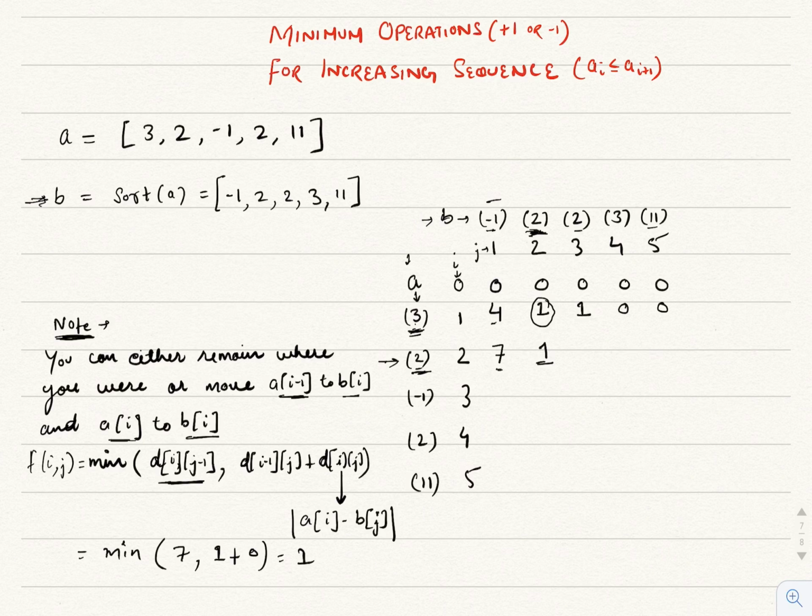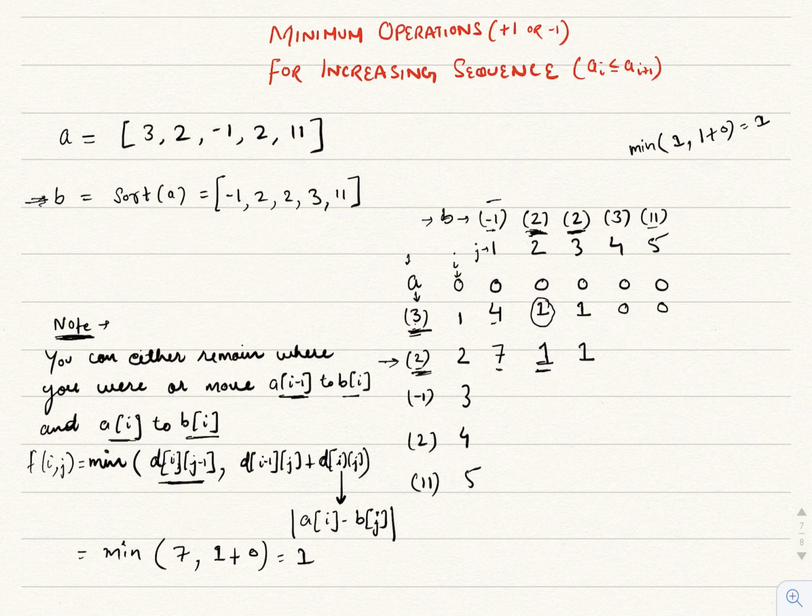Again we're going to follow the same thing for the rest of the elements. So we either remain at 1 or we move 3 to 2 and 2 to 2. So the value we'll get is we'll either remain at 1 or we'll move 3 to 2, which is going to cost us 1 operation, plus 2 to 2 is 0, which is 1.